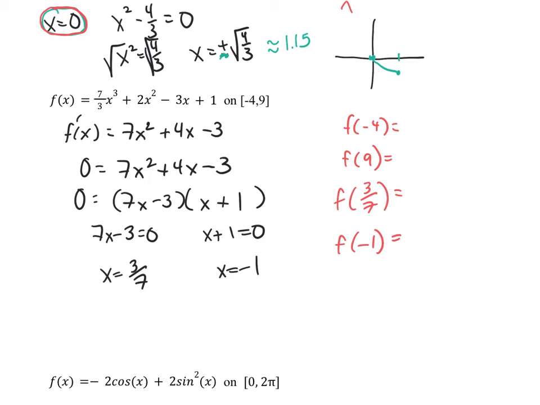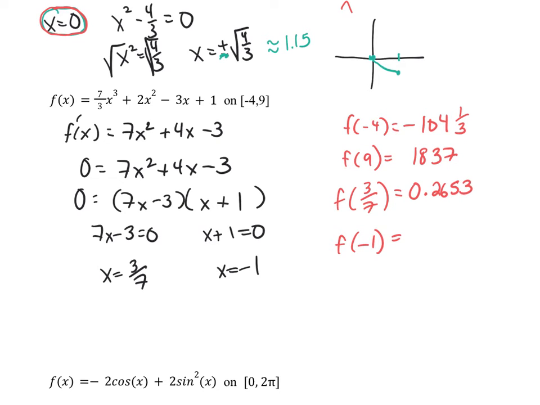All right, so I'm just going to put these in my calculator. You put it in Desmos, wherever you want. So for f of negative 4, I'm getting negative 104 and 1/3, negative 104.3333. For 9, I'm getting 1837, so a really big number. Now 3/7, not surprisingly, is some odd decimal, 0.2653, blah, blah, blah.